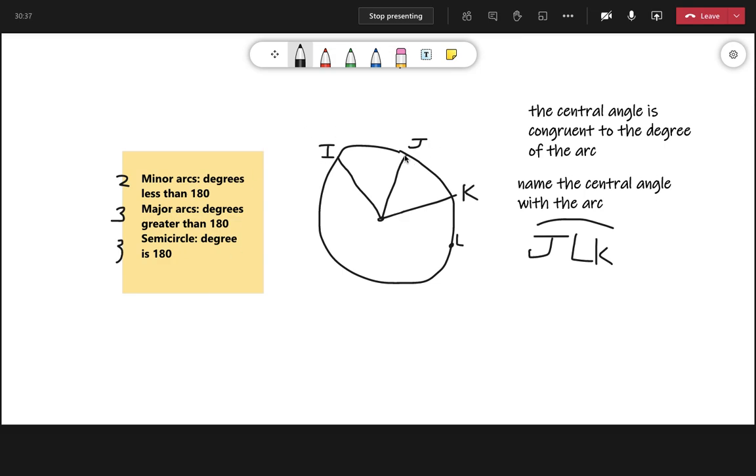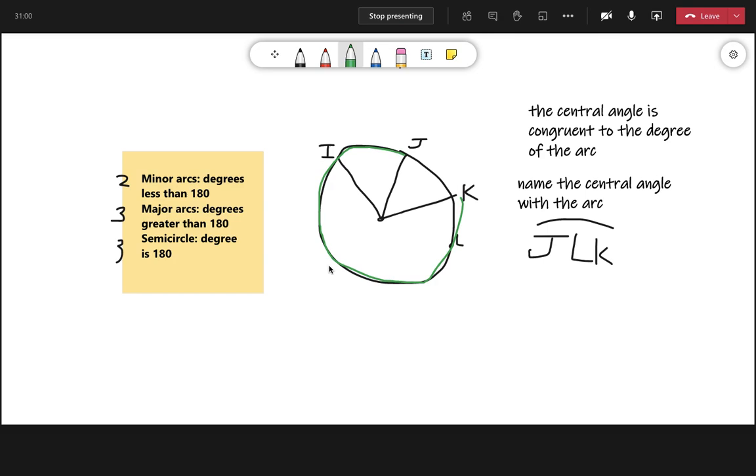If it goes from J to L to K, that means we're going in this direction. So I'm going to highlight the arc that I'm looking at. So it goes from J to L to K. It will not go this direction because it specifically says go to L next. J, L, K. Not JKL, JLK.